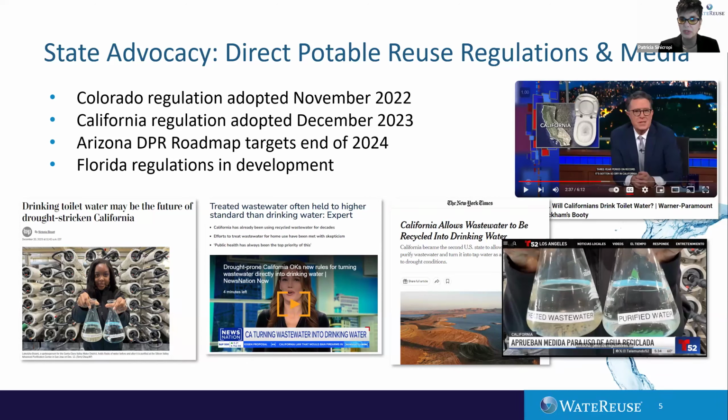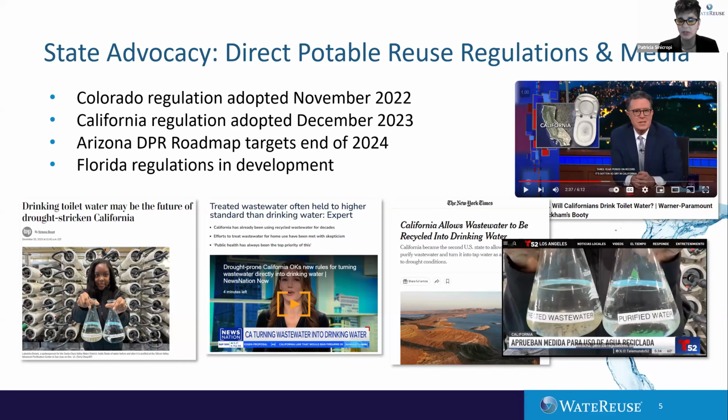So several states are looking at adopting regulations to allow direct potable reuse. This is occurring in several states out west. Colorado, California just adopted their regulations. Arizona will be adopting a DPR regulation later this year, and Florida is developing DPR regulations. So this is an exciting development that states are moving into.